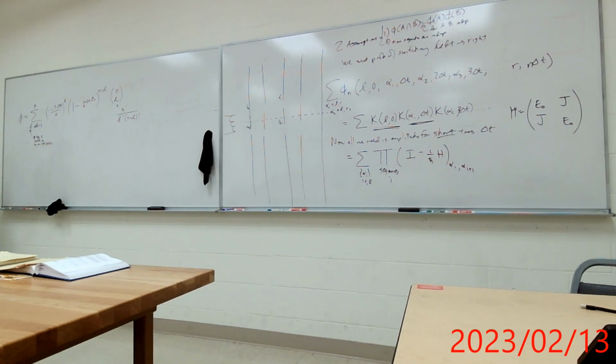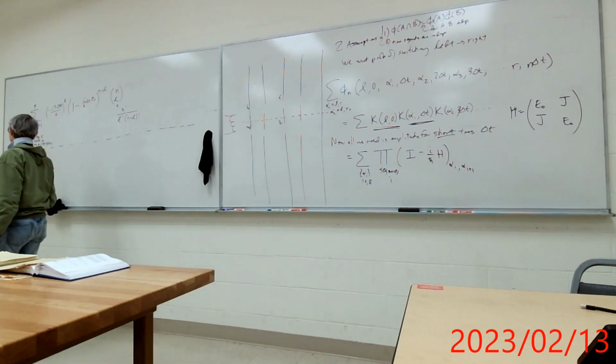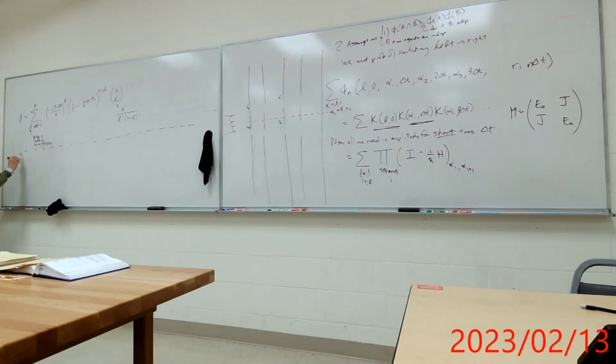Aha! So, this is a little trick. You're going to love this. So, define, what do I call it? I call it chi. Define chi, which is a function of j and E naught and delta t.